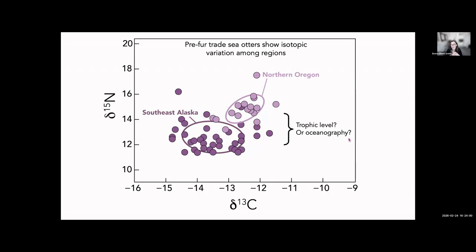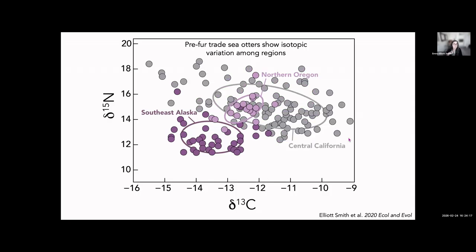So Southeastern Alaska sits within the Alaskan current, whereas Northern Oregon is within the California current. And the California current is a strong upwelling system that brings isotopically heavy inorganic nitrogen to coastal regions. So we think this is more a function of oceanography.